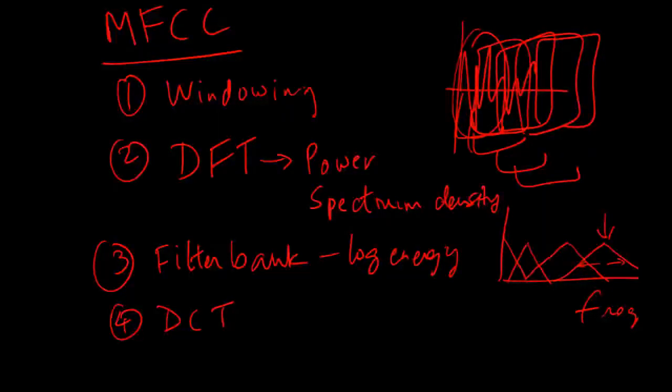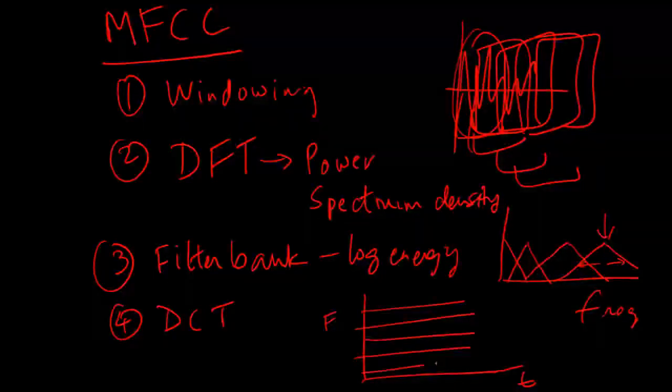Another useful feature that can be extracted from audio is something called a spectrogram. So we have time on one axis, and we have frequency on the other axis, and we basically have a two-dimensional array, right?